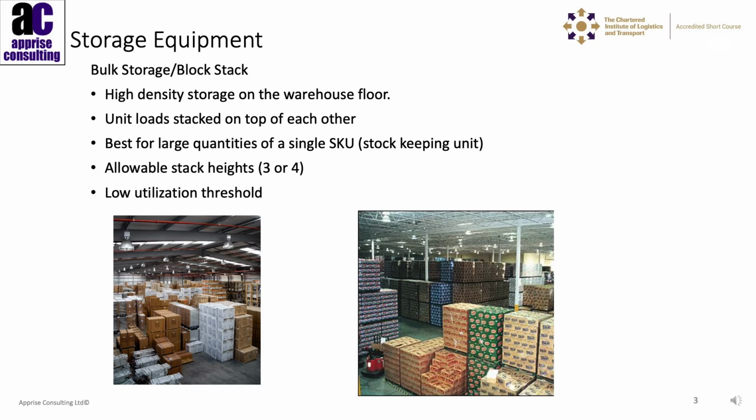So this type of storage is best for large quantities of single stock keeping units. Note also that first in, first out cannot apply, because once we put a pallet on the ground, we're going to put more pallets above that item and in front of that item. So we can only operate on a last in, first out basis.